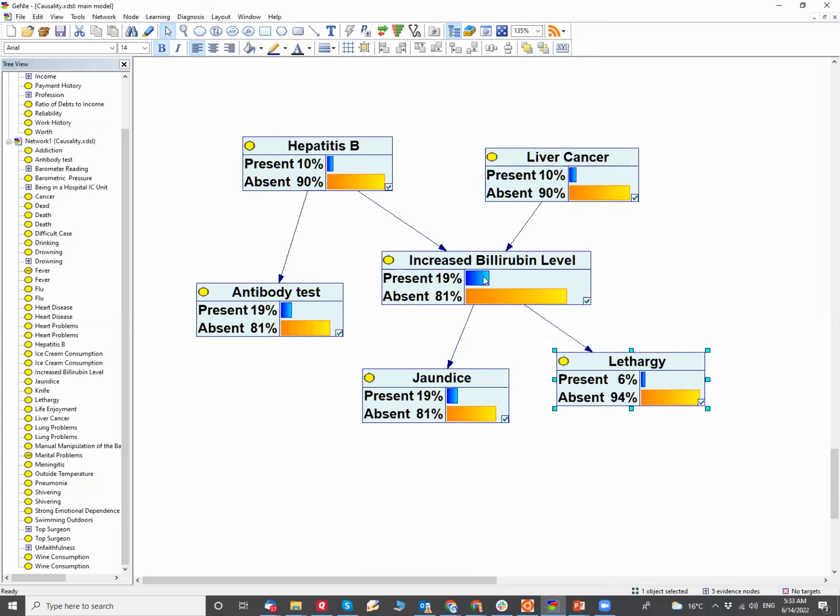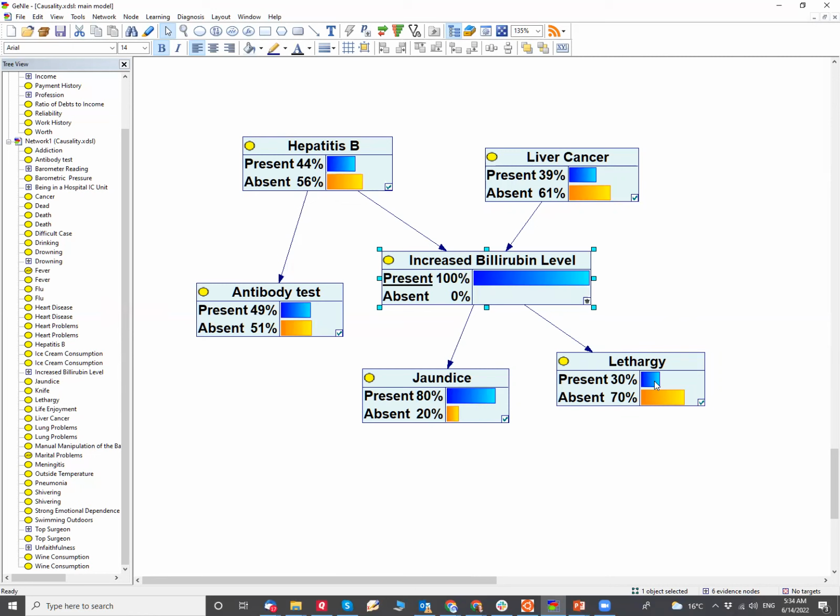If I observe, liver cancer is going to be dependent on what? Just these things, because there are chains here. There's nothing else that connects liver cancer to those. But please note that liver cancer is independent of hepatitis B. If I observe bilirubin level to be increased, of course, everything is impacted, everything is connected to it.